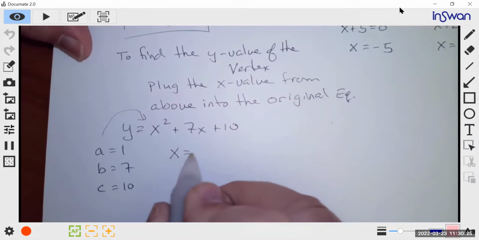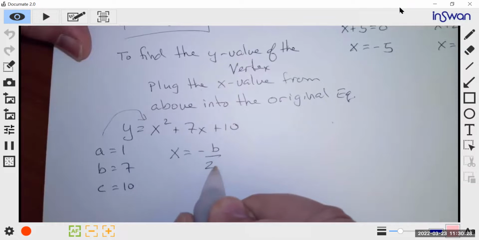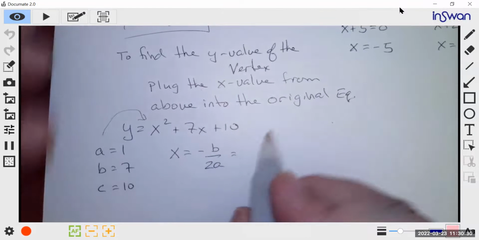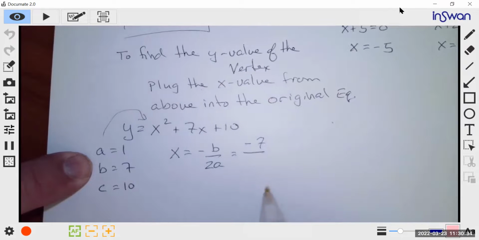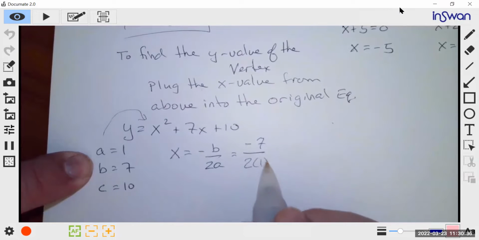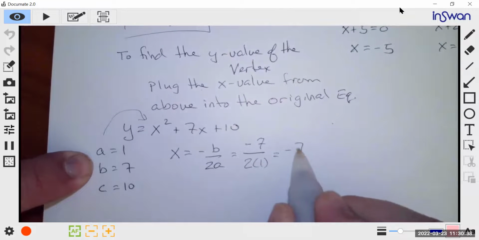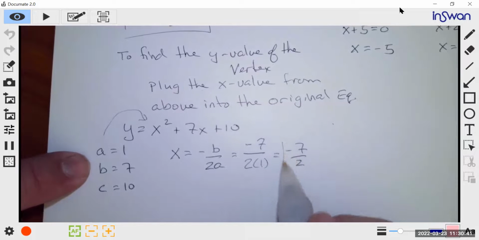So the x component is negative b over 2a. So it's negative 7 over 2 times 1, negative 7 over 2.